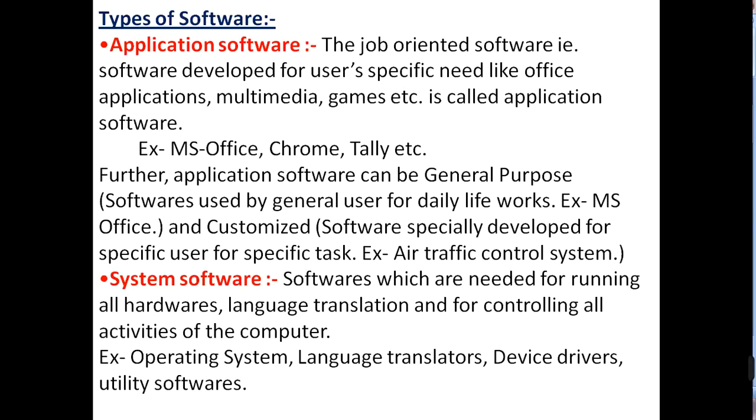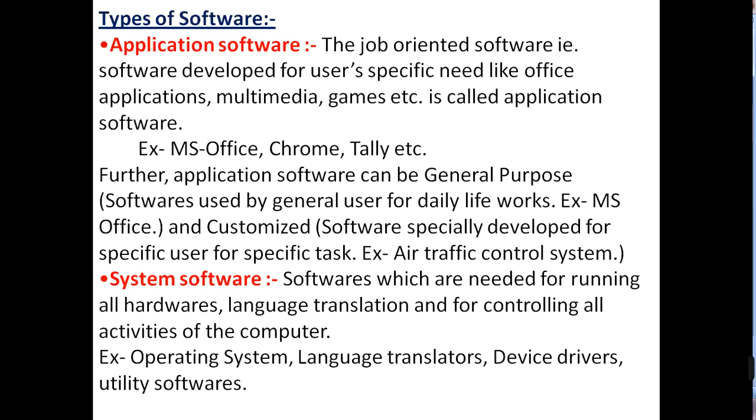A collection of those types of programs makes a software. So a software is able to perform a large number of operations. There are two types of software. The first one is application software and the second one is system software.